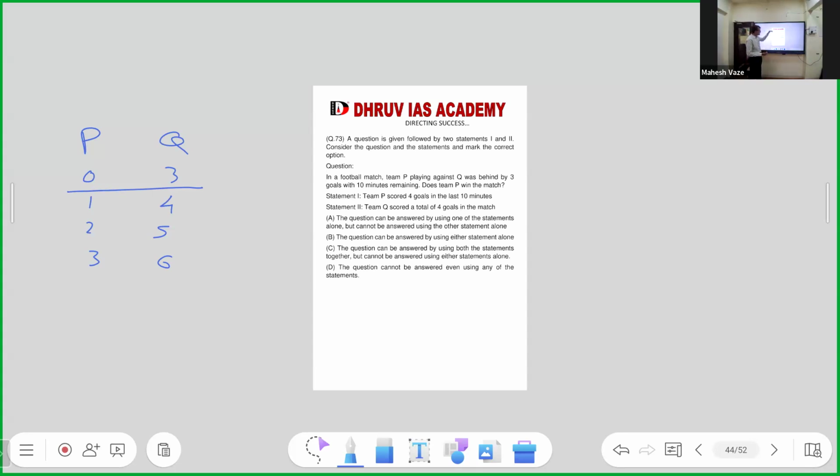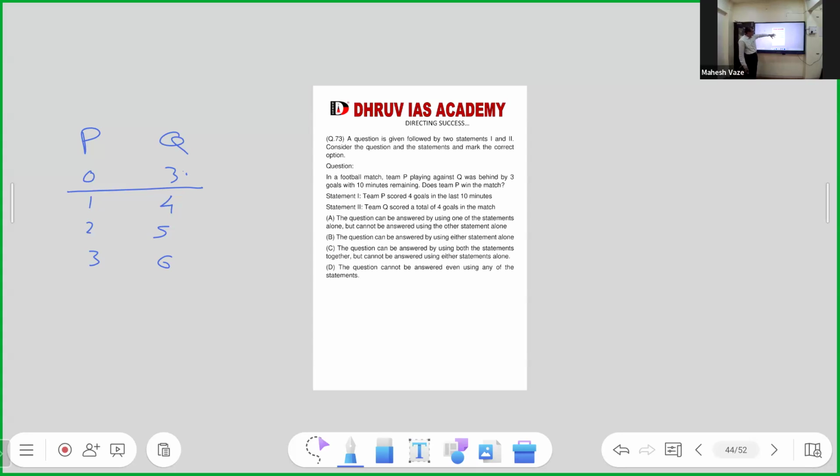If you consider only the second statement, Q has scored 4 goals. P was earlier 3 goals behind. So you can just rule out this one. P has scored 1 more goal. But whether Q has scored any goal or not in the last 10 minutes is not mentioned here.